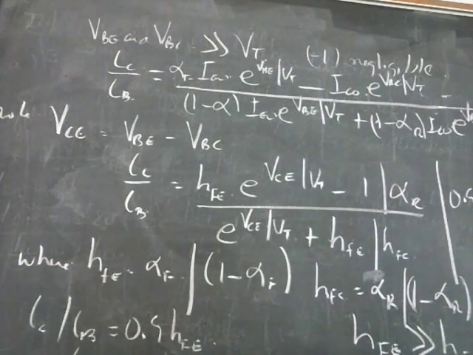All right, now let's draw a plot of this equation with IC over IB equals HFE. And in this plot, the characteristics have been normalized by letting the abscissa be V collector-emitter over VT and the ordinate be IC over IB. So let's draw the plot.